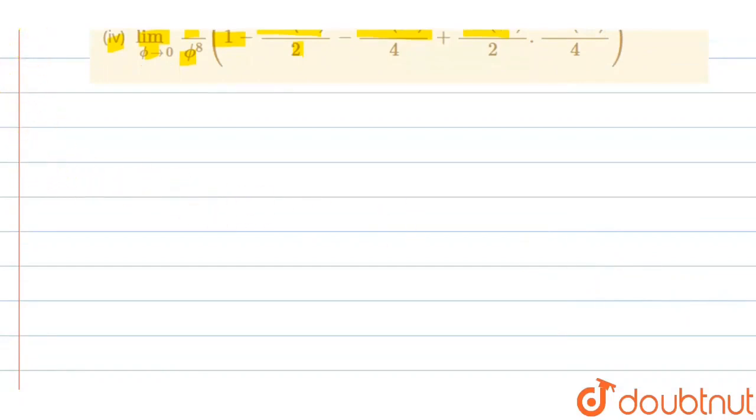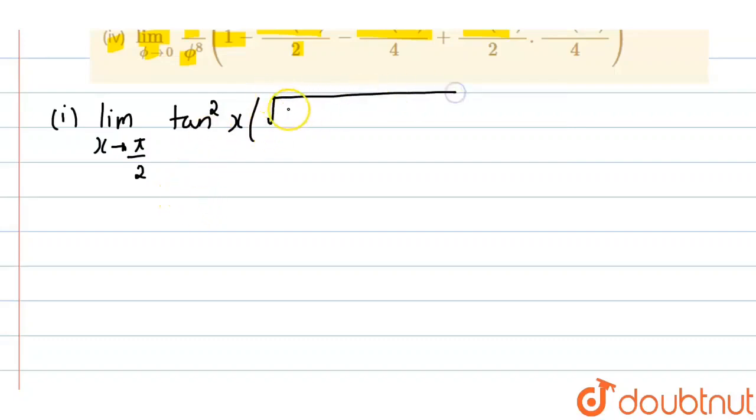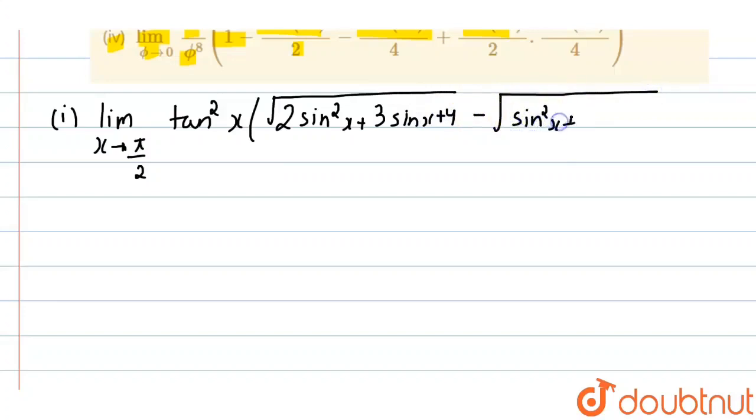What we are given in number 1. We have to find limit x tends to pi by 2 of tan squared x times (under root of 2 sin squared x plus 3 sin x plus 4 minus under root of sin squared x plus 6 sin x plus 2).